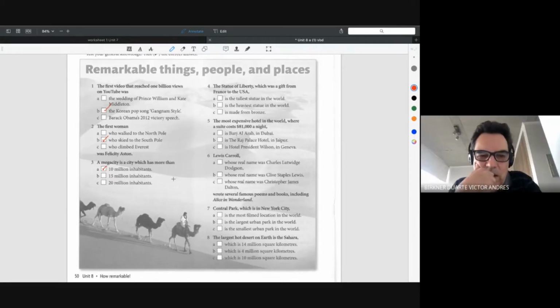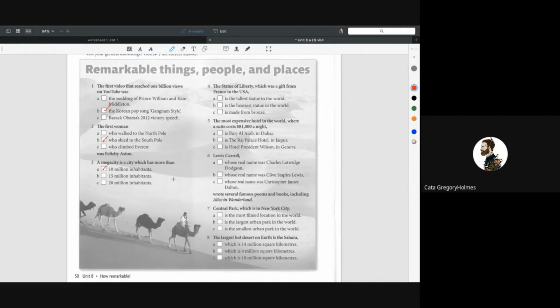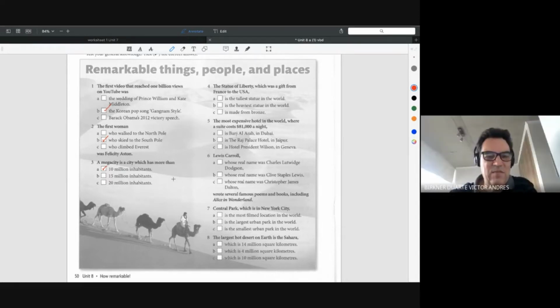So let me see. Does Chile have a megacity here or not? What do you think? I think we don't. I think we have like 7 million people living in Santiago, but I'm not sure. So we don't have a megacity, still.